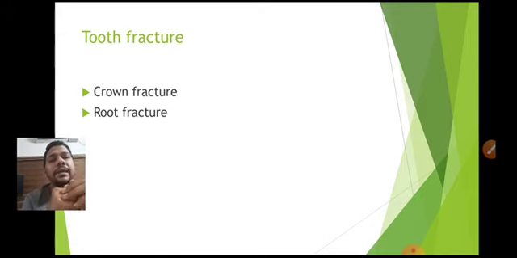Some other failures can happen during post cementation. When you cement a post into the post space, before cementing the post there will be some amount of cement in the post space. Then you will be trying to push that particular post into the post space.